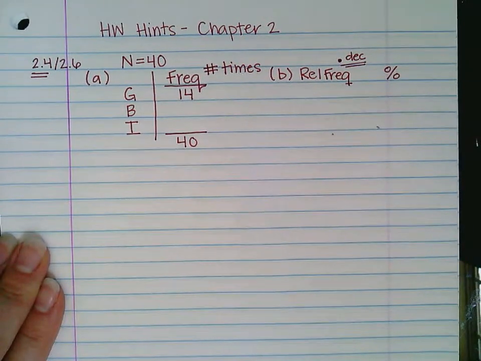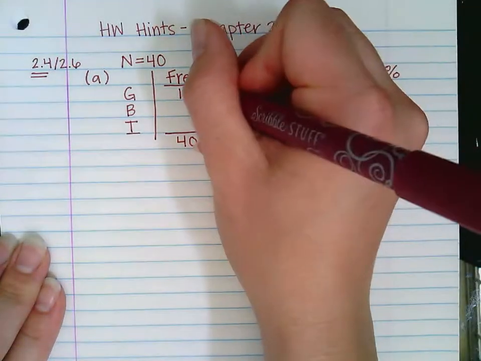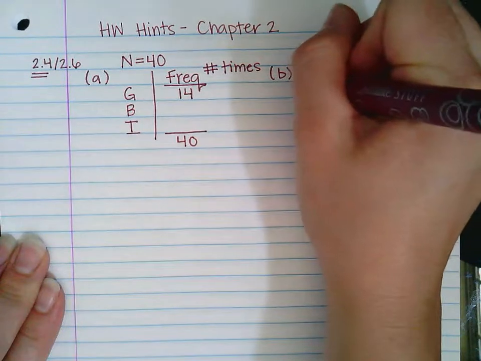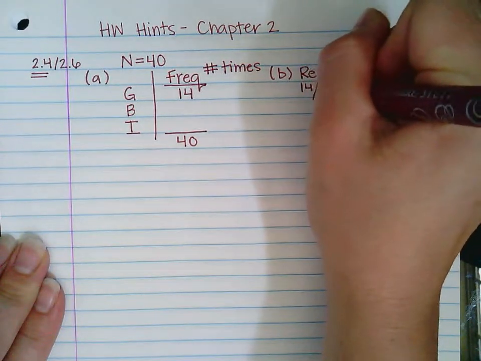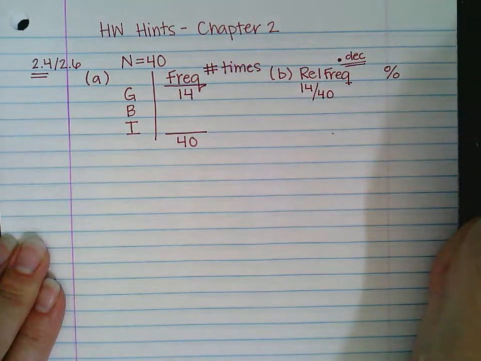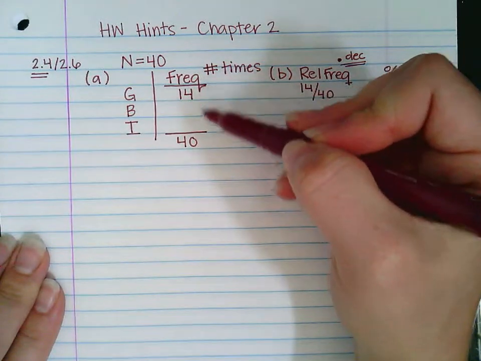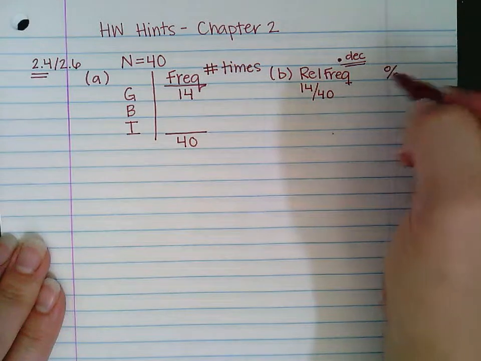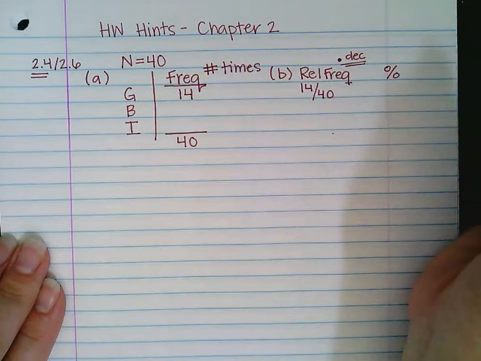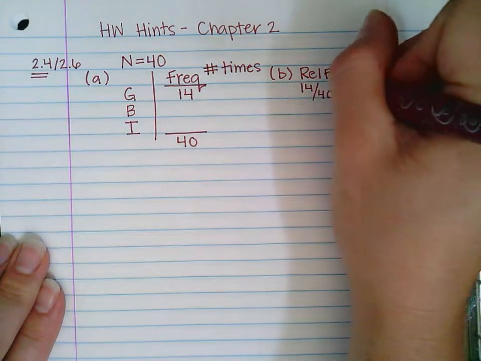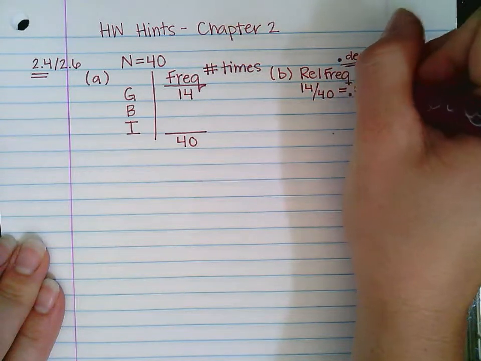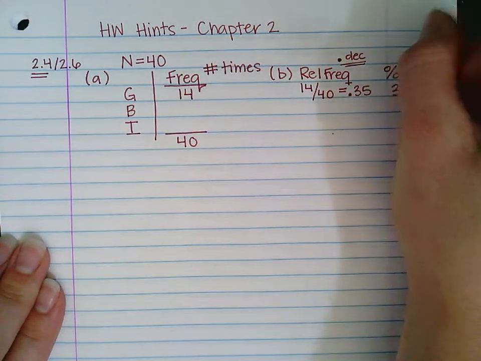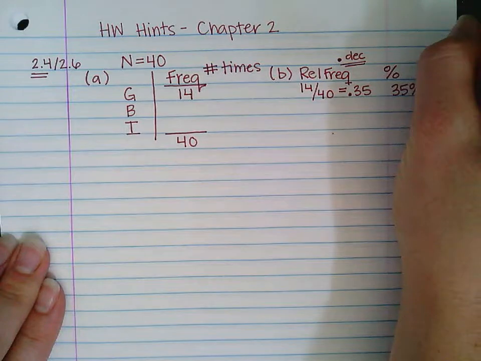So relative frequency is 14 over 40. It's going to be 14 over your total. The number of times that variable happened over your total is going to give you your relative frequency. And then to find the percent, you just move the decimal twice. So this gives us 0.35, which means our percentage is 35%.